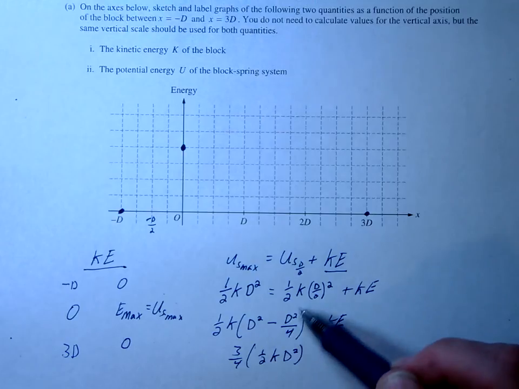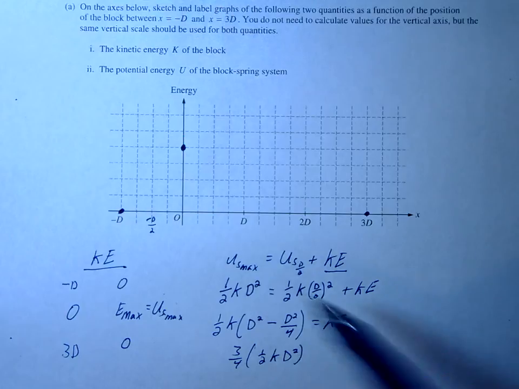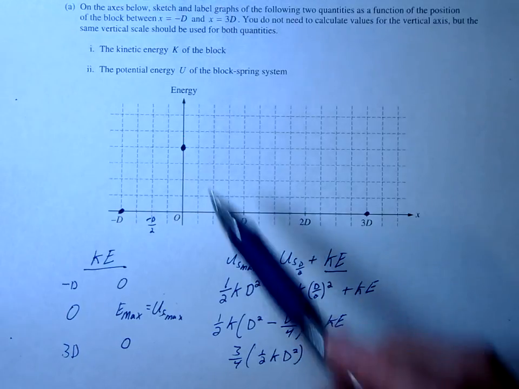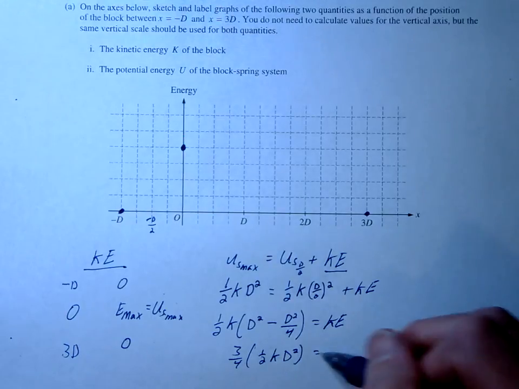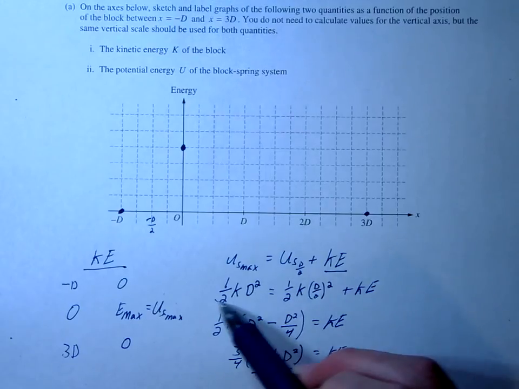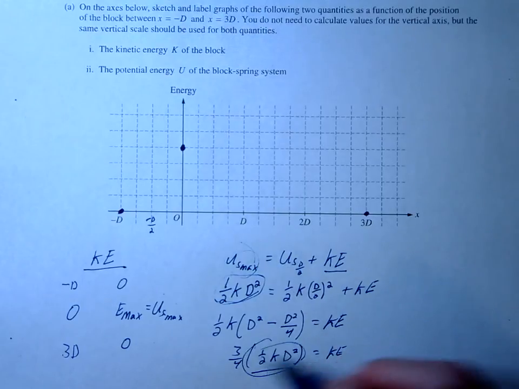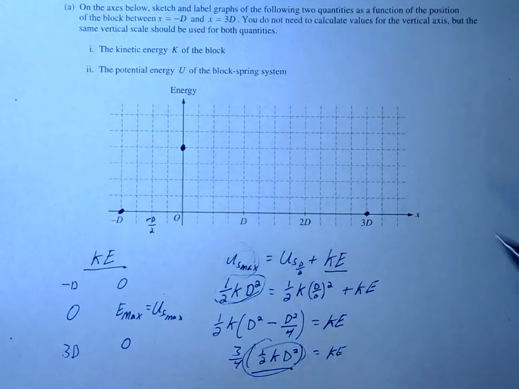So it's 1 minus 1/4. Remember, 1/2 K D squared is our maximum value here. So this tells us that we now have 3/4 of that value.